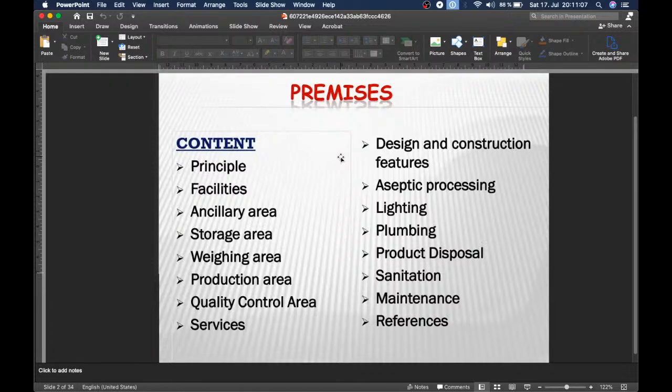I think this will be visible for all of you. So in this part, we will discuss many things, starting with the principal facilities, ancillary area, storage area, weighing area, production area, quality control area, various services, design, aseptic processing, lighting, plumbing, product disposal, sanitation, maintenance, and then references. When one industry or setup is going to be started, it's not just going to start in a day.